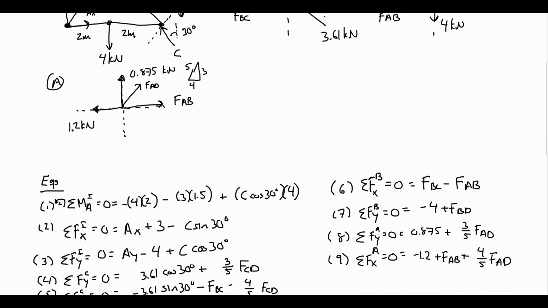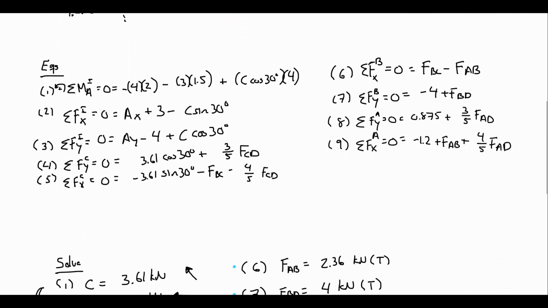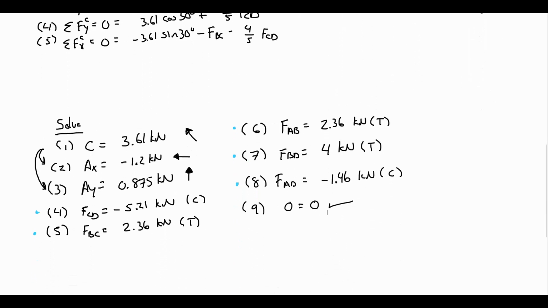The order, again, doesn't really matter, as long as we have enough linearly independent equations for the number of unknowns we have, we know we have a solvable system, and then we can go and solve it. So here we did, and we got our resulting 5 forces that we were interested in.